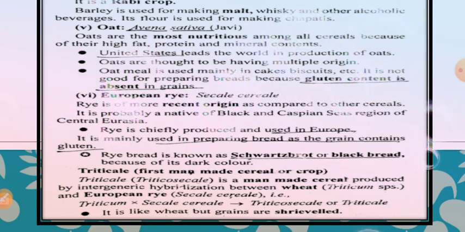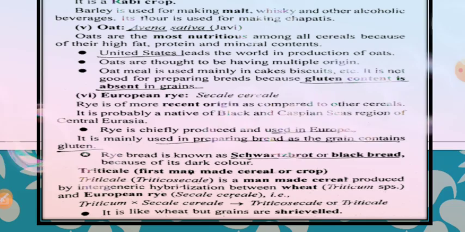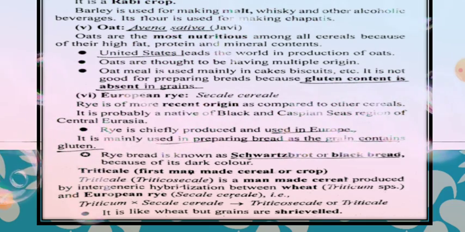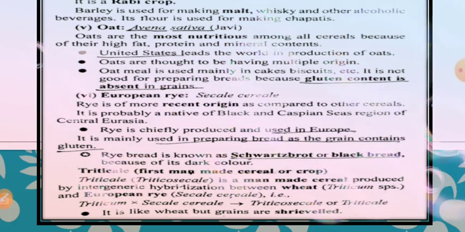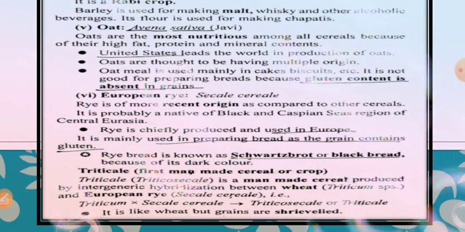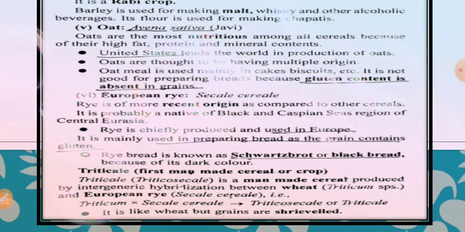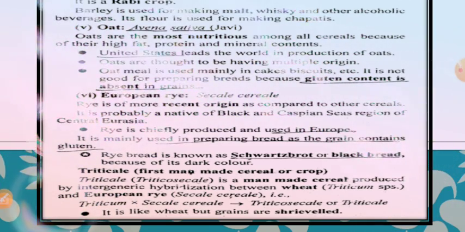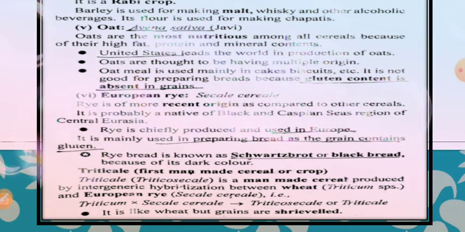That's why this is known as the man-made cereal produced by intergeneric hybridization between wheat, that is Triticum species, and European rye, that is Secale cereale. So any one of the Triticum species crossed with Secale cereale gives triticale, and the final result is triticales.